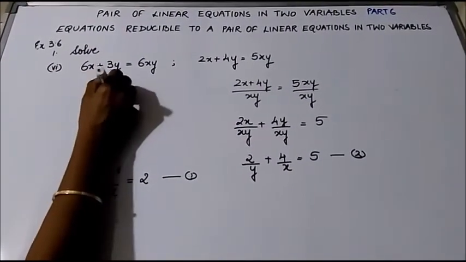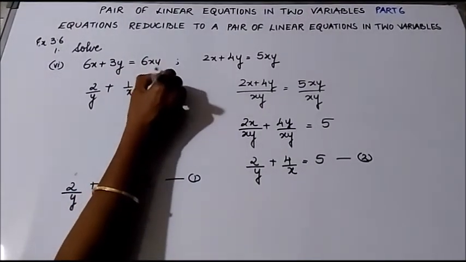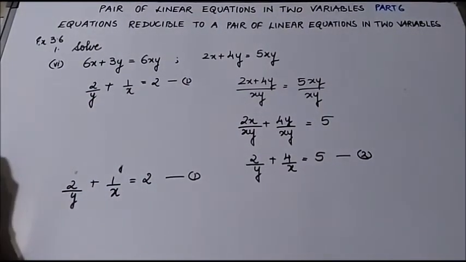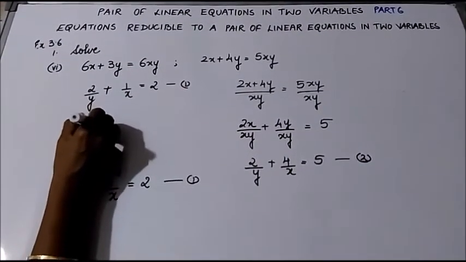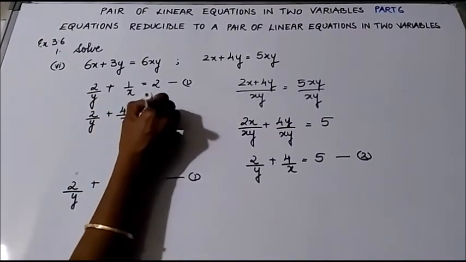2 by y plus 1 by x equal to 2, and the second one we got 2 by y plus 4 by x is equal to 5.